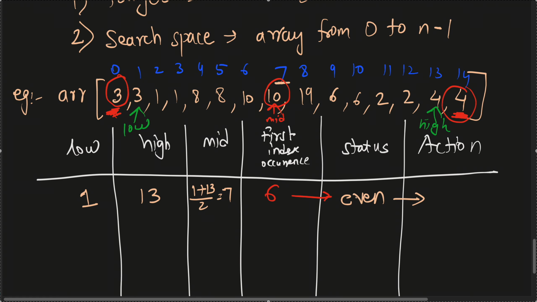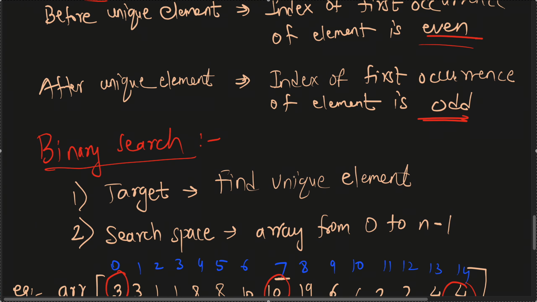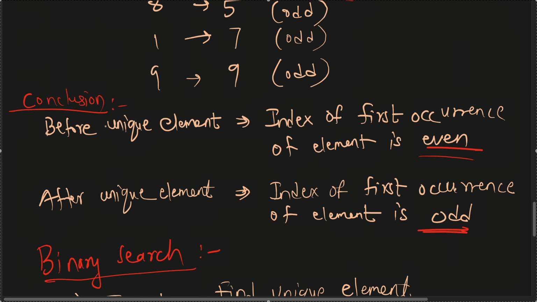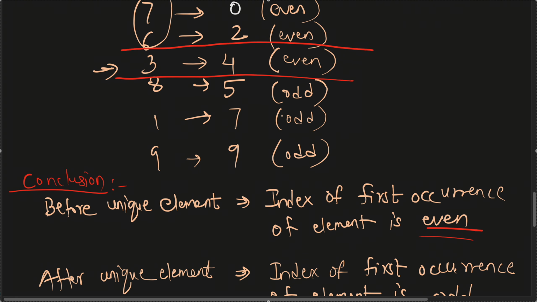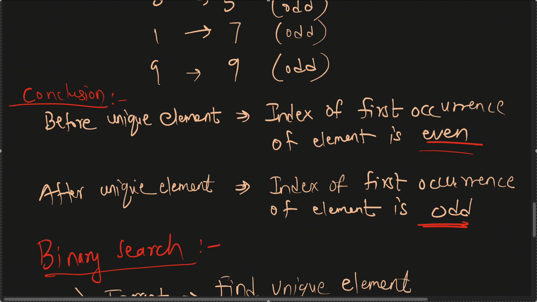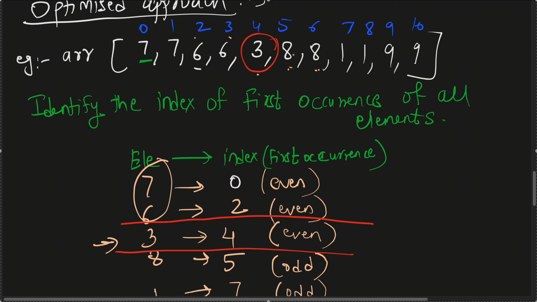Now when it is even, what action should we take, right? As we have derived from this conclusion, when we are traversing the array and we get even, that means we have not encountered the unique element, right? So if we have not encountered the unique element, then we have to move towards the right to encounter it.